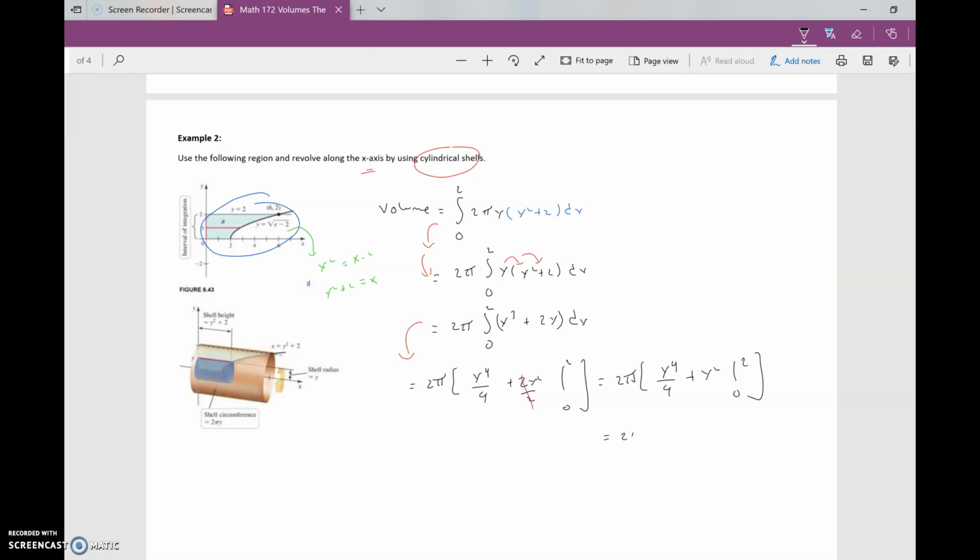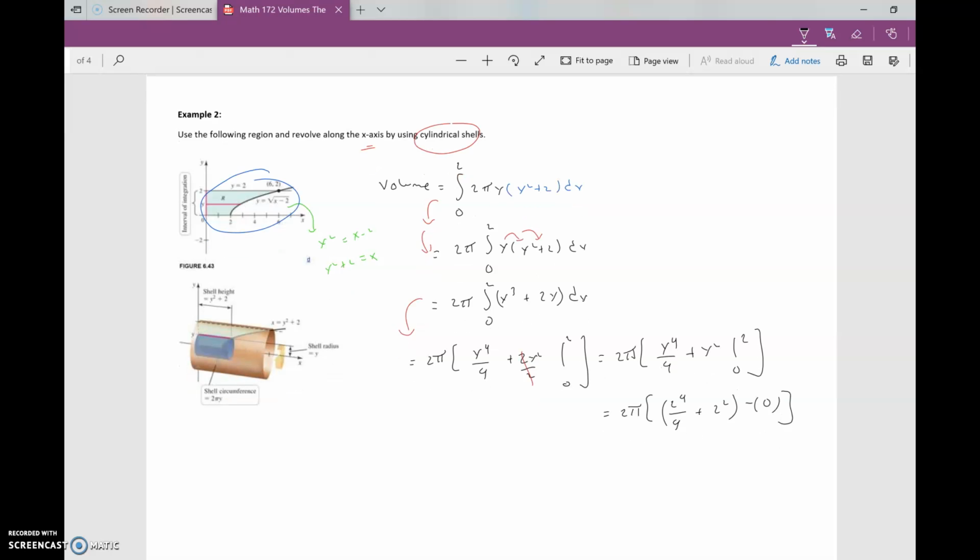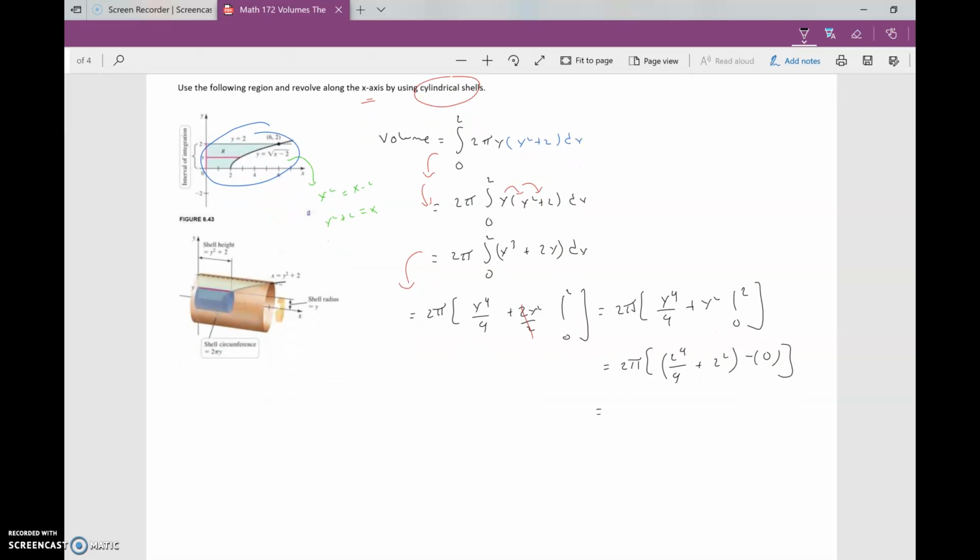So this is equivalent to 2 pi times 2 to the 4 over 4 plus 2 to the second, and then technically minus 0, which is going to cancel out as we evaluate the 0 to the 4th over 4 plus 0 squared.